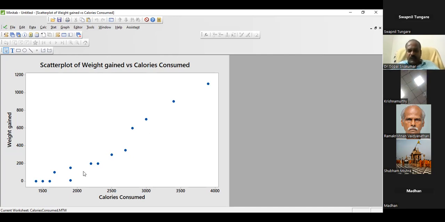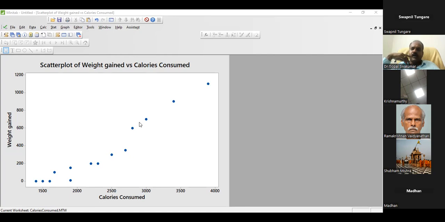And these dots actually represent the value of weight gain. Please, all of you note, these dots represent the value of weight gain for different values of calories. So now approximately, can you see all these points forming a pattern of a line? Is it approximately a line?